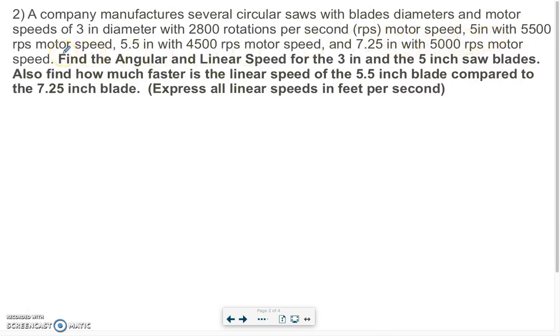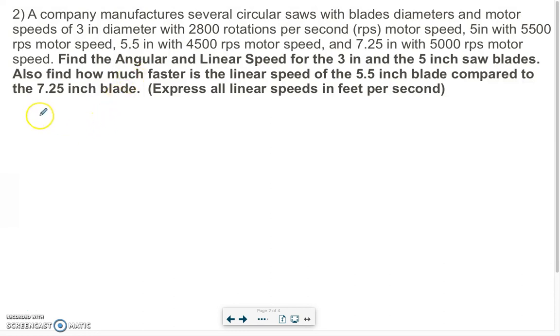I'm looking for you to find the angular speed for the 3-inch and the 5-inch blade, and the linear speed. Keep in mind that the angular speed is how fast the motor on that saw is turning in order for the outside of the circle, the actual saw that makes the cut, to get its speed.